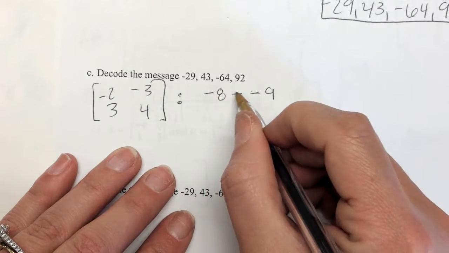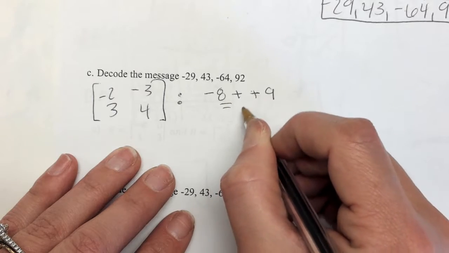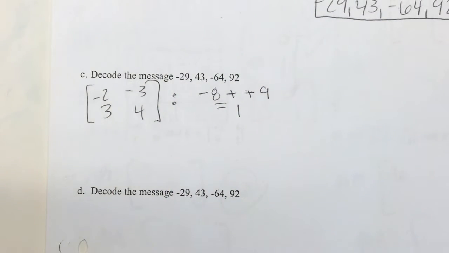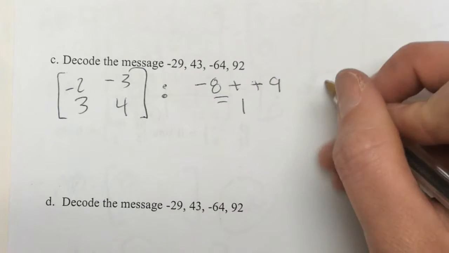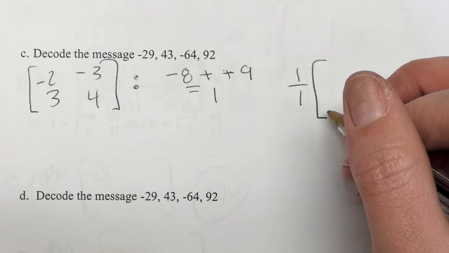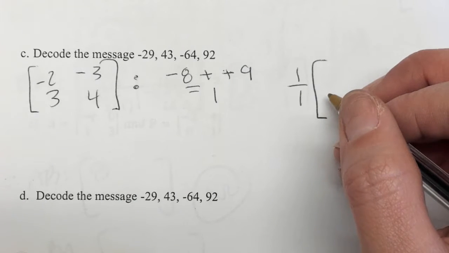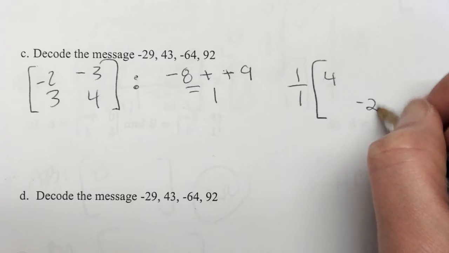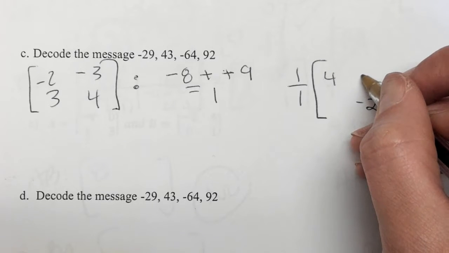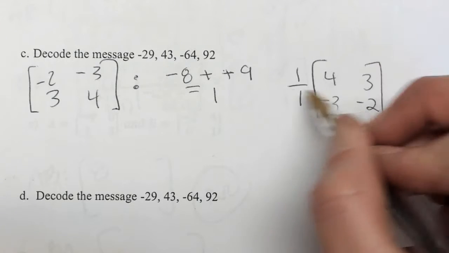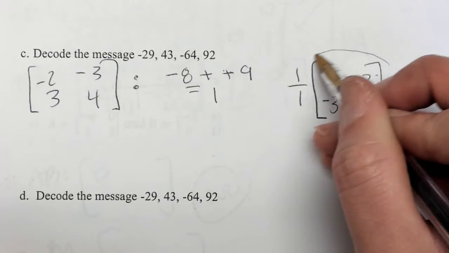So when we do keep, change, our determinant is what? That's going to help us out a lot. We'll have an easy inverse. So it'll be 1 over 1 times, what do we have to swap? A and D, so 4 and negative 2. Do we swap these? Nope, just change the signs. So this, when we multiply it by 1, will be our inverse matrix.